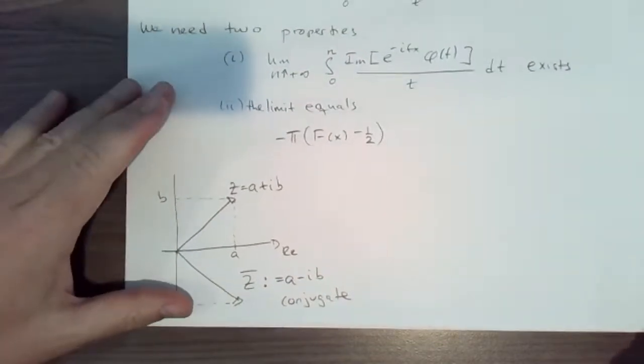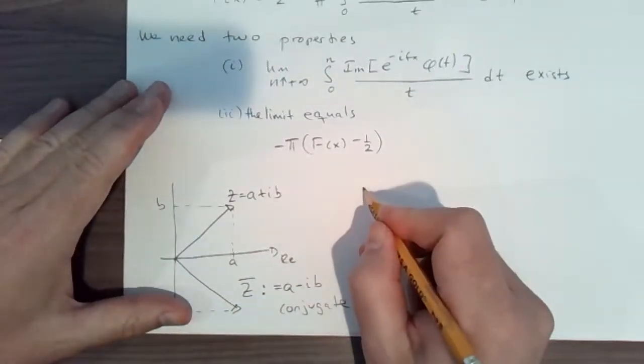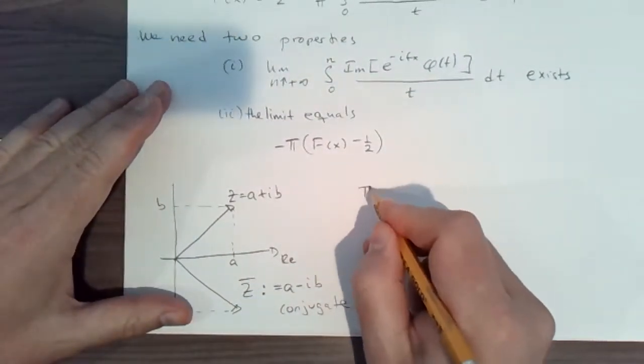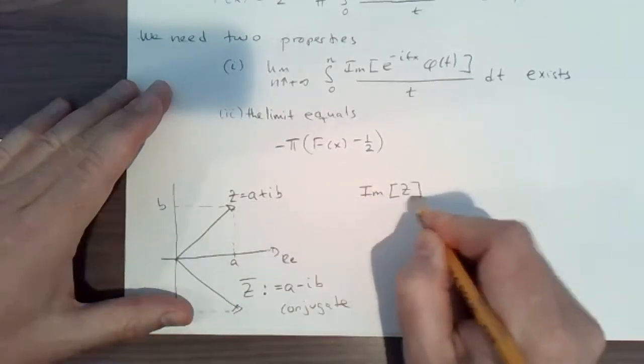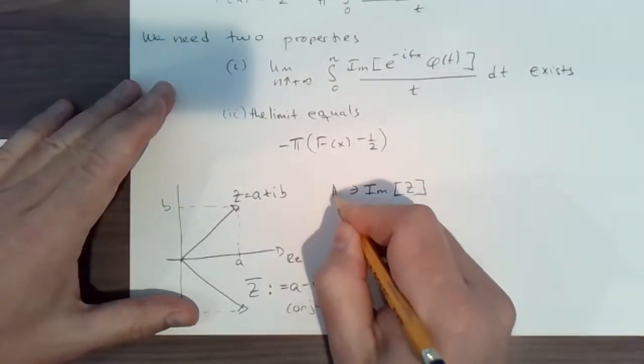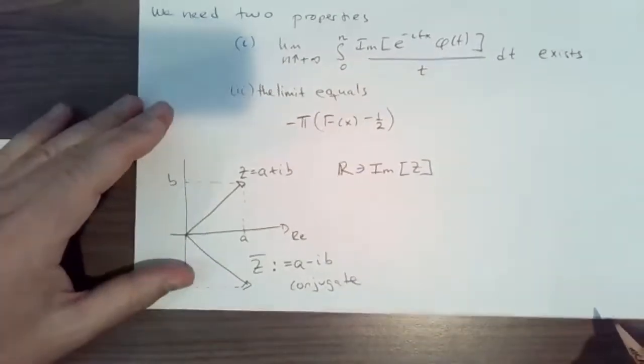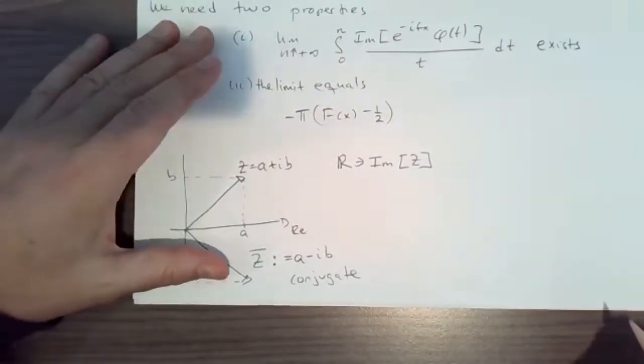So if I look at the imaginary component of z, right? So this here is a real number. The imaginary component of z, how can I write it?